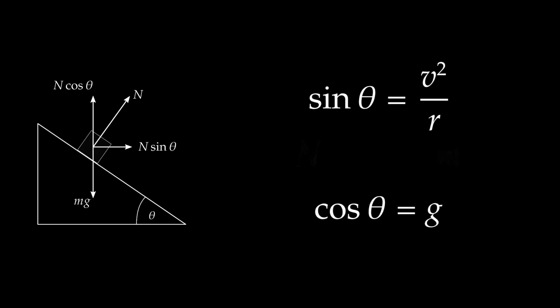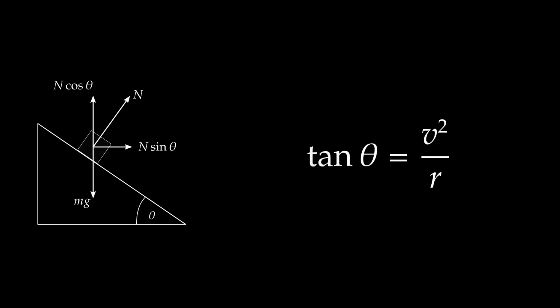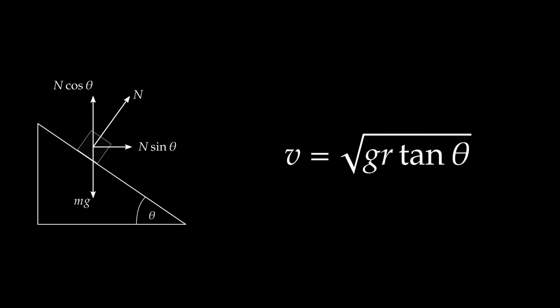And what I have as a result is sine theta divided by cosine theta, which is of course the tangent of theta, which would be equal to the speed squared divided by gr. I've simply taken v squared over r and divided it again by g. Now I can solve for the speed, and I find that the speed is the square root of gr times the tangent of theta. And that is the critical speed at which I can negotiate this curve without friction.